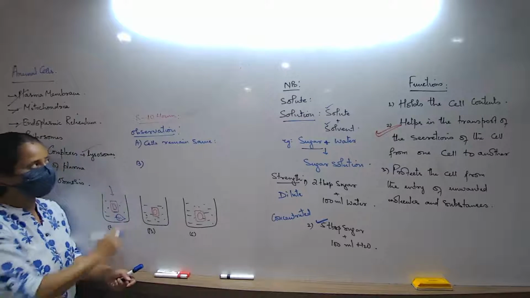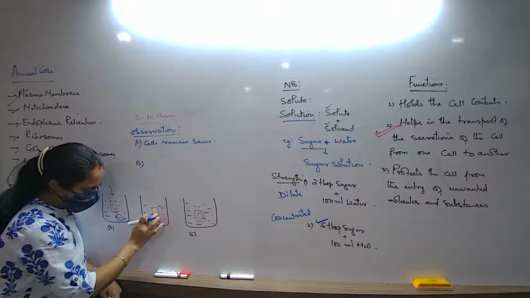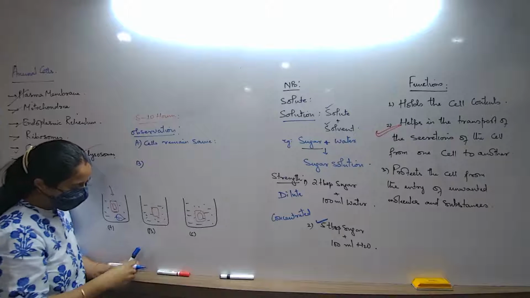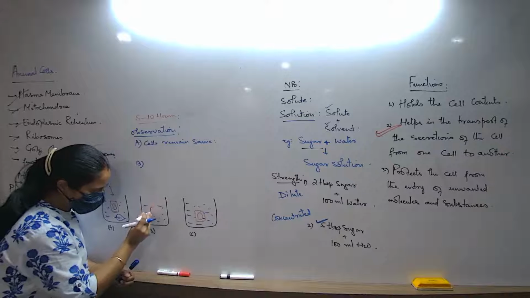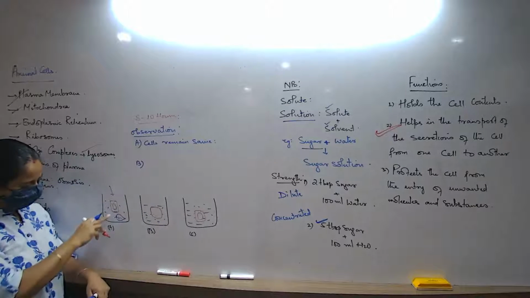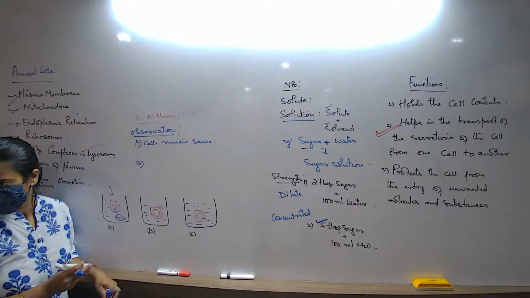In the second beaker, after a period of time, I get to see that this cell, which was originally like this, has started swelling up quite a lot. अंदर का जो vacuole है वो काफी बड़ा हो चुका है.